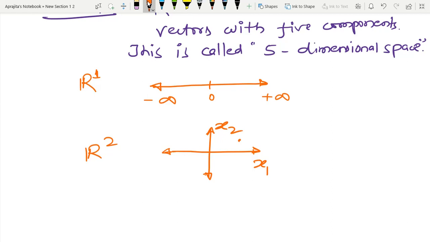R2 contains all column vectors with two components, and this is called two-dimensional space. Suppose I have some point P, I can represent that point like this, x1 x2 as a column vector, or equivalently you can write it as x1 and x2.